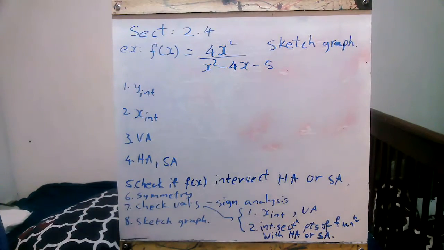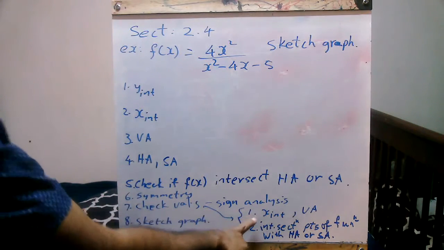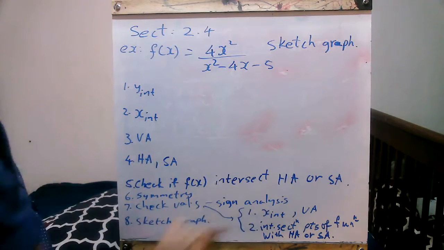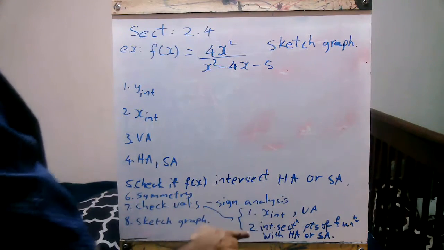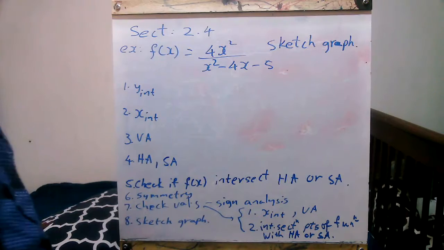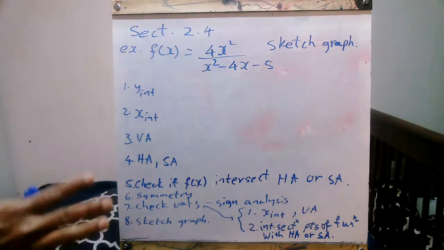Number 7 is very important. Check values or sign analysis. For this, these are the points you have to include. You have to include the x-intercept, vertical asymptote, and intersection points of the function, if any.